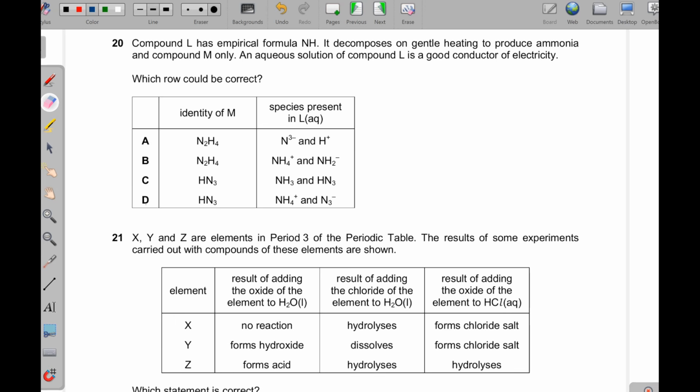Now, let's see what we are having here. When you get a salt of ammonia and then you warm it in a solution of an alkali, let's say a strong alkali like sodium hydroxide, ammonia is always given off. So they are saying it decomposes on gentle heating to produce ammonia and compound M only. To produce ammonia, that means we must have ammonium ions in L. So when you look here, we have ammonium ions here, and also ammonium ions here.